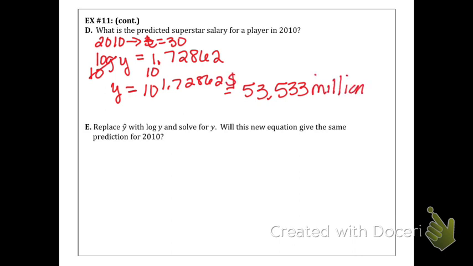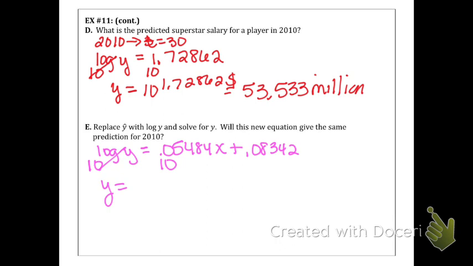million. And then E says replace y hat with log of y and solve for y. Will this new equation give the same prediction for 2010? So we have log of y, do the same thing we just kind of did, equals our equation. All right, I'm going to exponentialize both sides, so just like what we just did there. So it gives me y equals 10 to the 0.05484 x times 10 to the 0.08342.